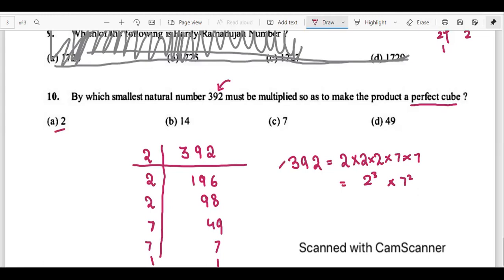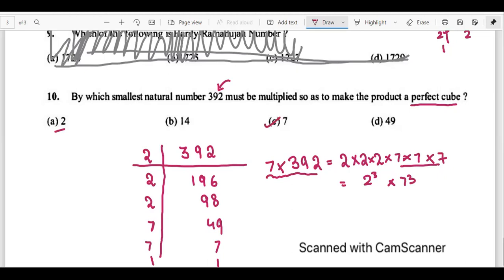Whatever number that becomes, forget about that; we know the prime factors will come 3 times, so this becomes a cube. So 7 is the answer.